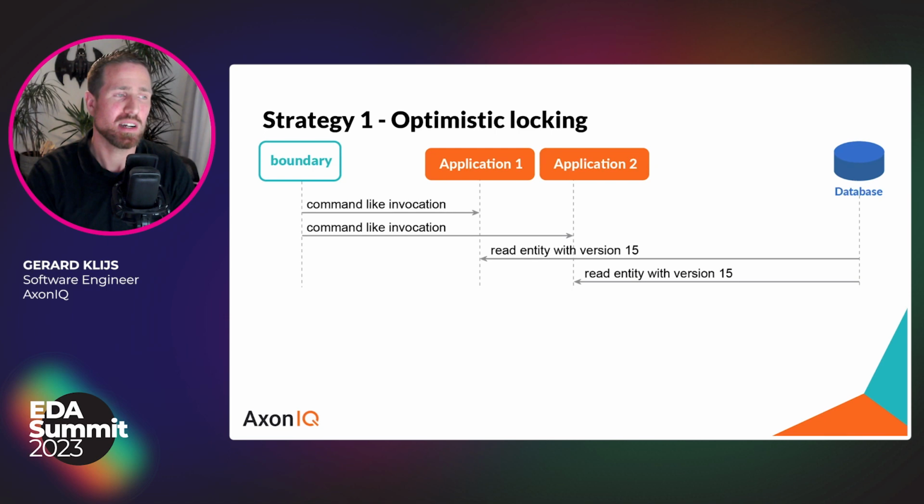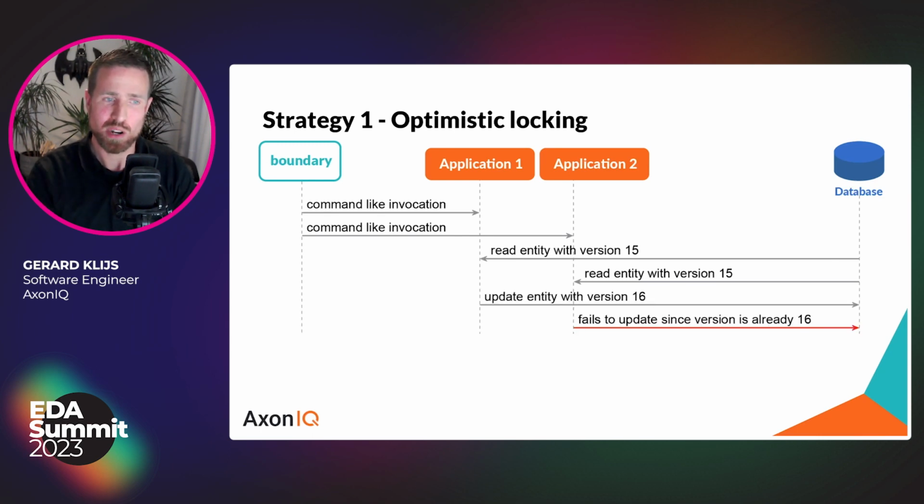So every sticker command for the same person would end up with the same record, basically. And there's also a version kept in there. So one of those applications is earlier and will write with the new version.